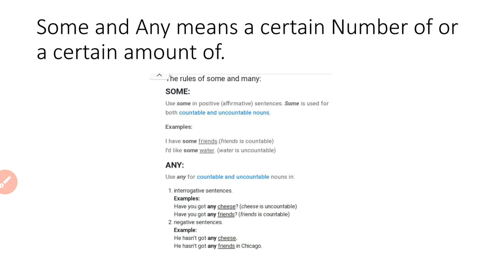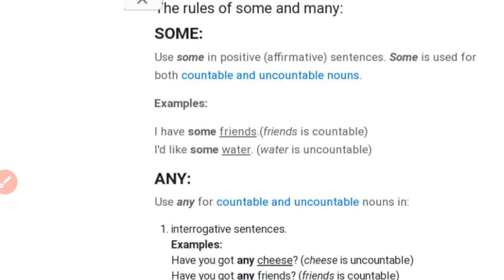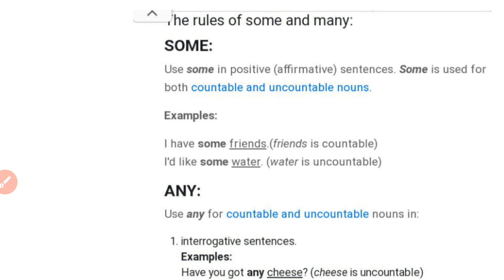In a simple sentence we use some, like I have some friends. This sentence is affirmative, positive, so we use the determiner some. I have some friends, मेरे कुछ दोस्त हैं. But if I convert this sentence into negative, I don't have, then we use the determiner any. I don't have any friends.